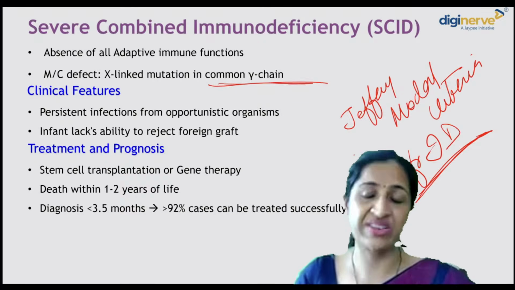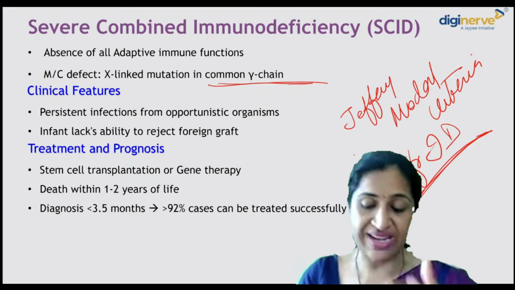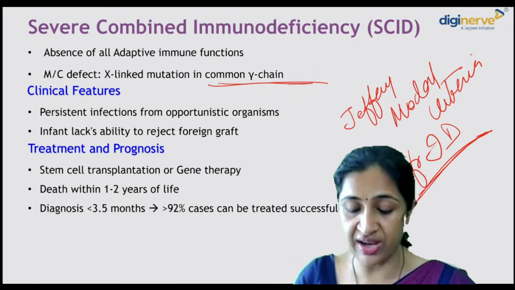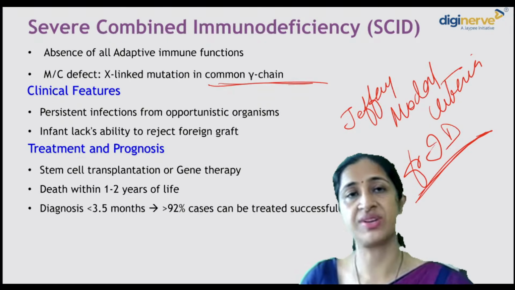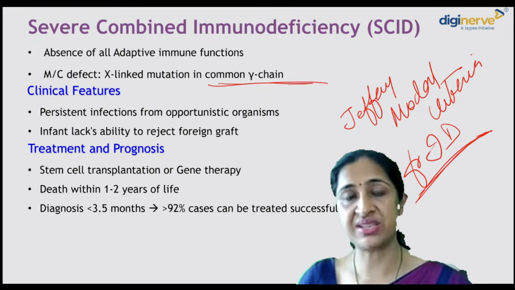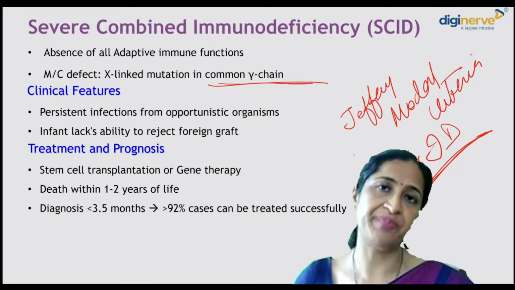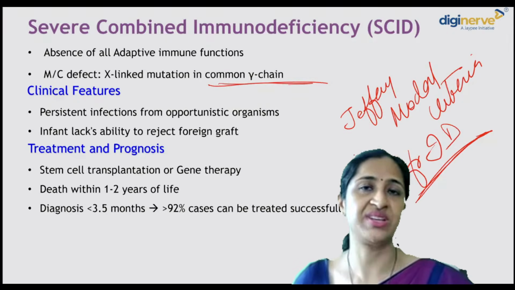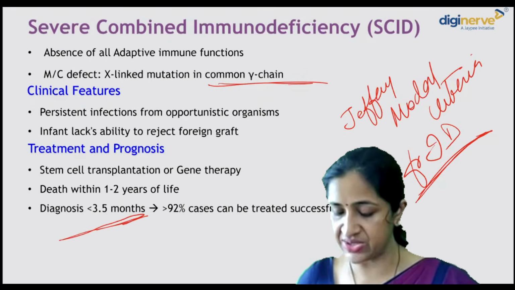When should you evaluate a child? The important thing with SCID is that the infant lacks ability to reject a foreign graft. These children do not survive long. So early diagnosis is key, with stem cell therapy or gene therapy, and usually the diagnosis should be made in the first 1 to 2 months of age, at the earliest by less than 3.5 months. Only then can you treat them successfully.